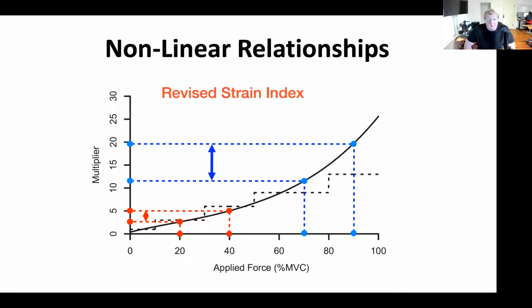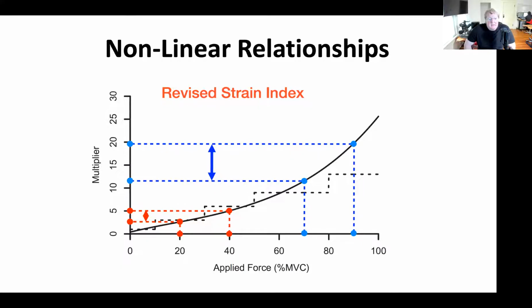Whereas if we look toward the right side of the X-axis, if we go from 70% of your maximum to 90%, say if my maximum was 100 pounds and I went from 70 pounds to 90 pounds, that would be moving 20%. But now we have about an 18-point jump.